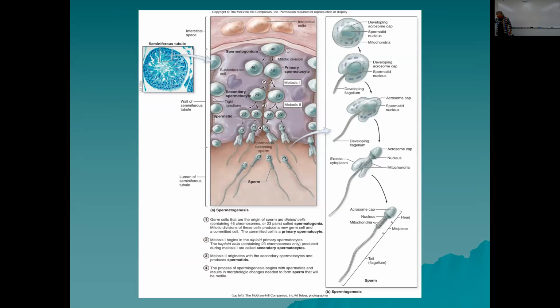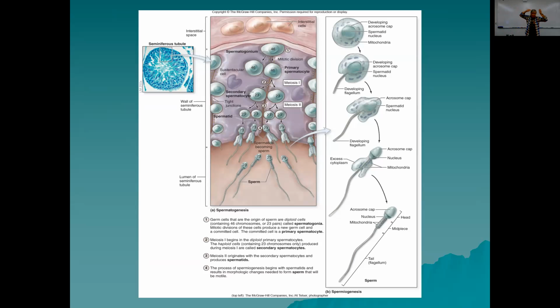You're going through meiosis, and you're making these things called spermatids, and spermatids become fully functional sperm. Remember, sperm have a sperm head with 23 single chromosomes. They have a midpiece that holds mitochondria that fuel the flagellum that allows them to move.